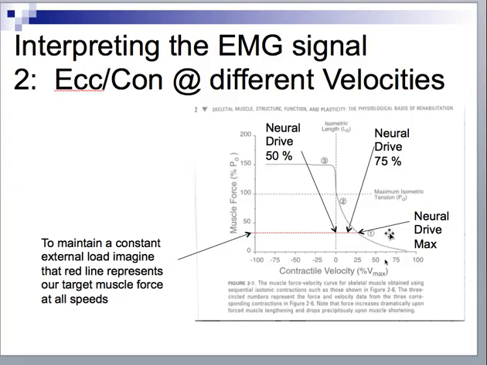And then at 30% contraction velocity, we need all the neural drive. We need maximum neural drive because it's the muscle's peak output capacity that we need to meet that particular load at that speed. Okay, and so we're starting to understand that neural drive varies with contraction velocity.